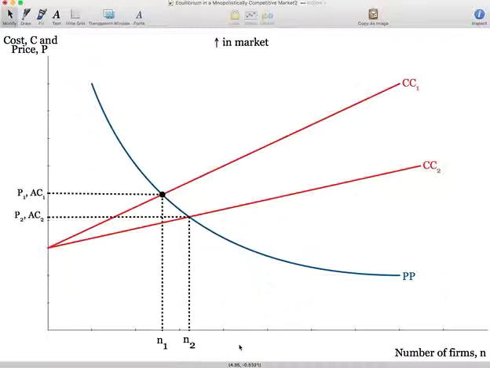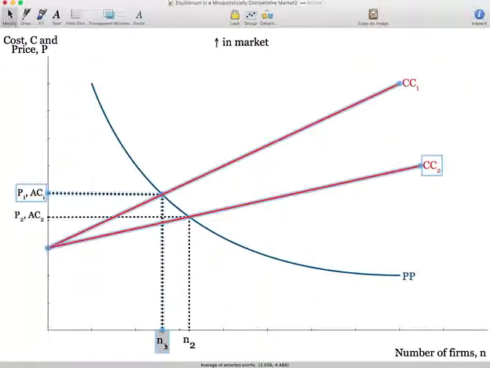And think of this, what happens initially? We are at this initial equilibrium point here. And this is our original CC curve, and price and average costs are equal to one another. That is why you're at equilibrium. Now the market increases and the CC curve shifts downward to CC2. If we stay at the original number of firms, what do we end up seeing?